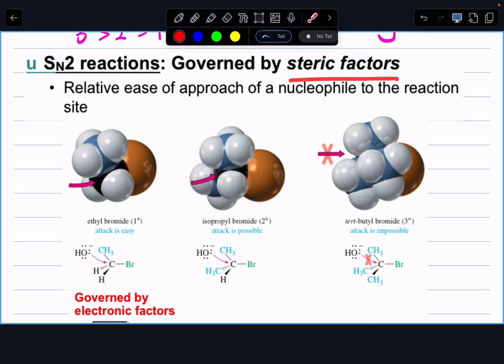Instead, the steric factor plays a much greater role in SN2 reactions. Or the other way to put it is, depending on how easily the nucleophile can approach the tetravalent carbon center, we have a faster SN2 rate if the nucleophile can more easily access it.